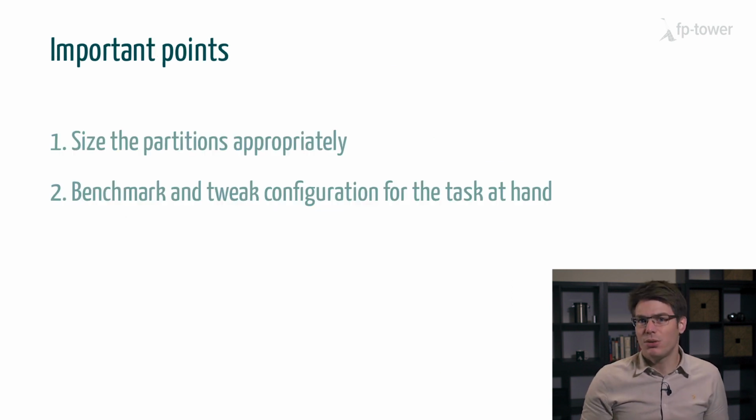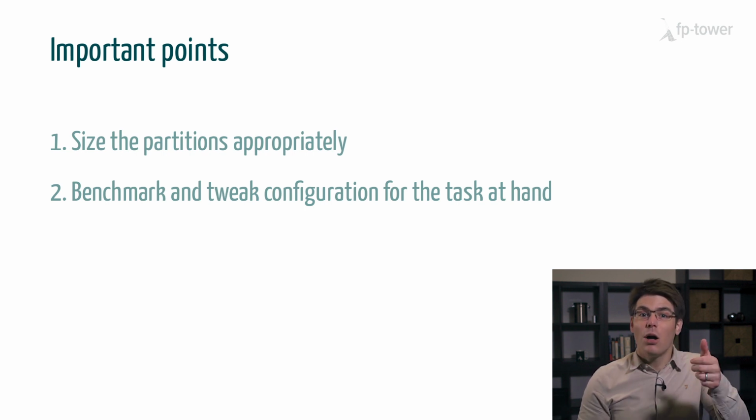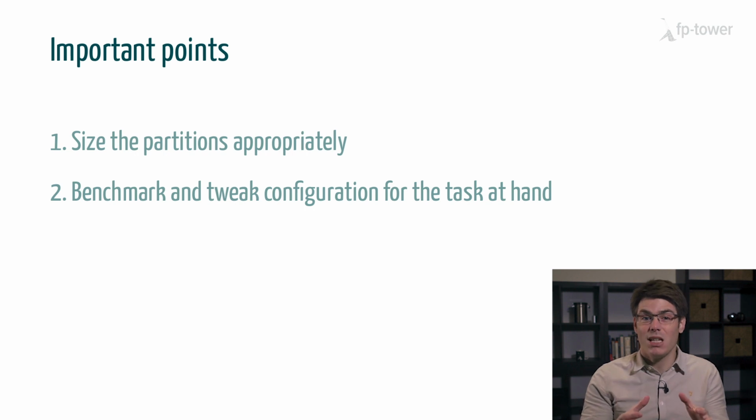Due to these unknowns, it's difficult to predict the performance of a distributed system. So we'll have to benchmark our implementation, and it will involve lots of configuration specific to the task we are processing. There are some guidelines for this process, but I have to be honest with you. It will involve turning knobs until we arrive at the right settings for the task at hand.